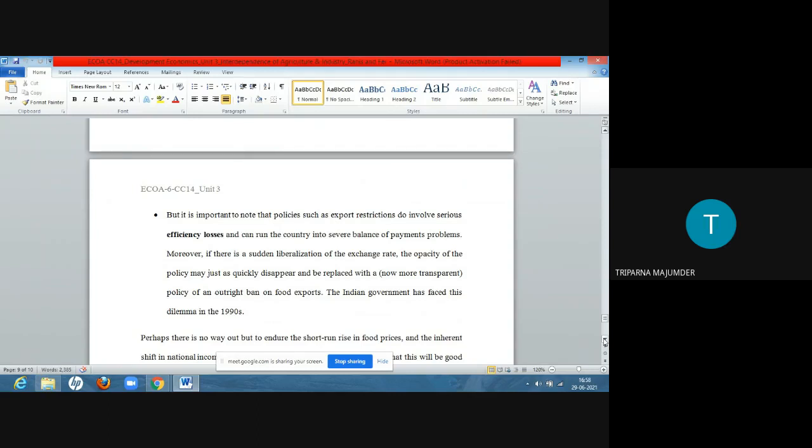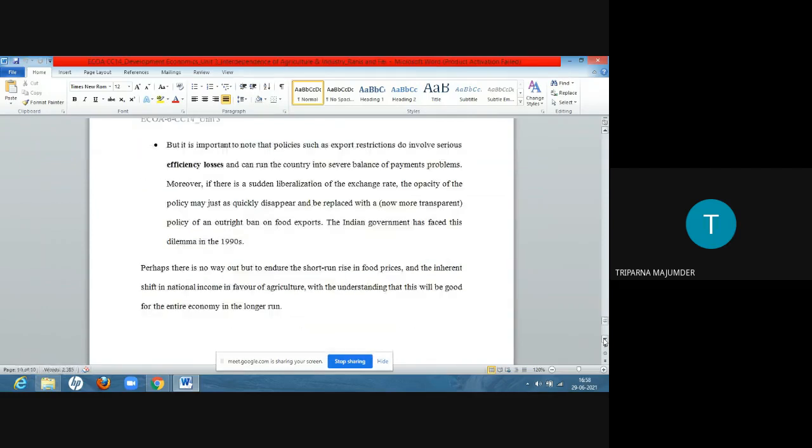The Indian government faced this dilemma in the 1990s. Perhaps there is no way out but to endure the short-run rise in food prices and the inherent shift in national income in favor of agriculture, with the understanding that this will be good for the entire economy in the longer run.